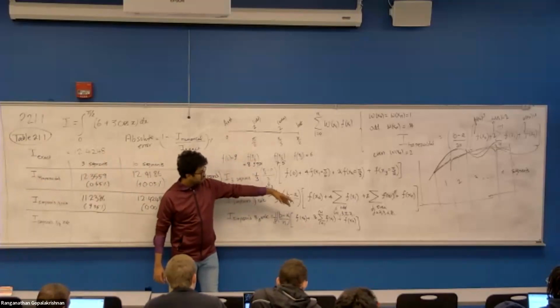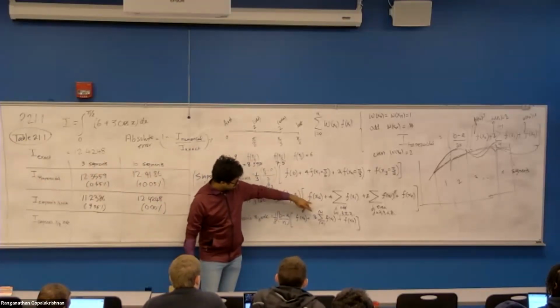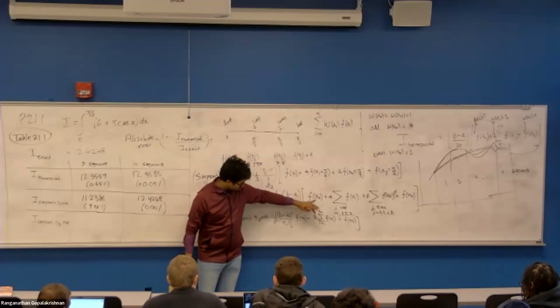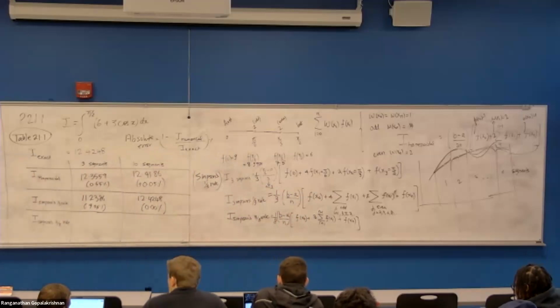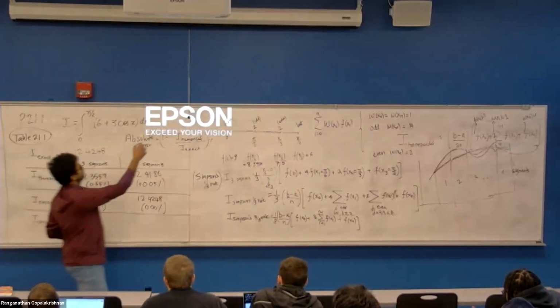If you had 10 segments, this would still be the step length multiplied by this summation, where the first and last have a weightage of 1 and intermediate points have a weightage of 3. That is my understanding of the formula, but I'm not getting the answer right. I don't know what you guys are getting. Yeah, same thing I'm getting. I'm wondering why. If you multiply that by 3, then you get to the 12. I agree that you will, but let me also share my dilemma with you.